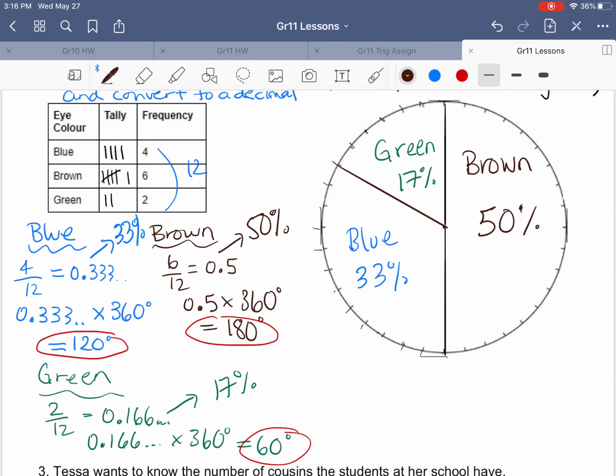Okay, so we can visually see how much of that pie chart is being taken up, and then we also have that numerical percent there. And let's do a quick title here. The eye color in Tessa's dance class.